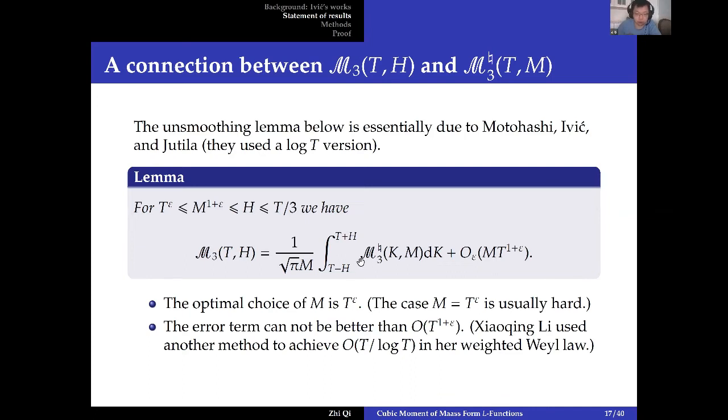You can consider it like that. And the running error, so in this case, we can approximate the characteristic function, and the running error will be M times T to the 1 plus epsilon. Okay, so if you want the best error bound, then you need to take this M to be T to the epsilon. This is the best we can get.